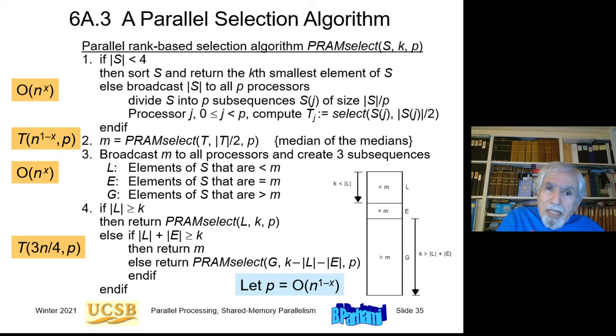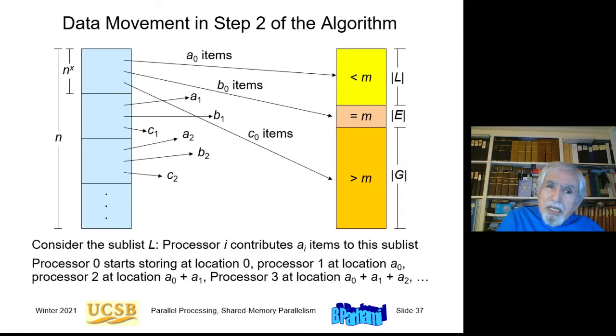Okay, so let me now finish this part of the discussion by showing you how p processors can cooperate in rearranging the original list into a list that has all the smaller than m elements at the top, larger than m elements at the bottom, and equal to m elements between those two.